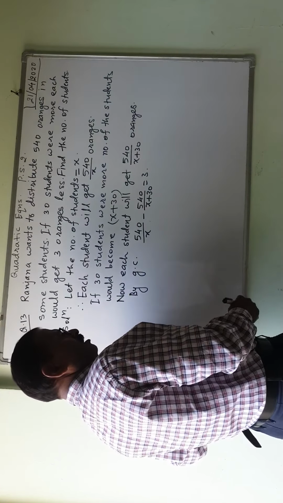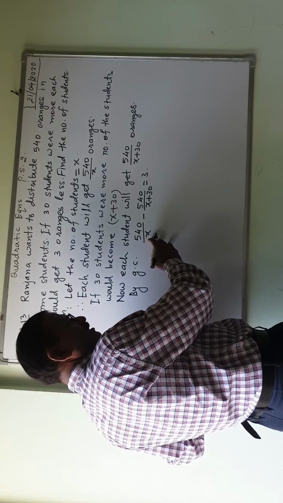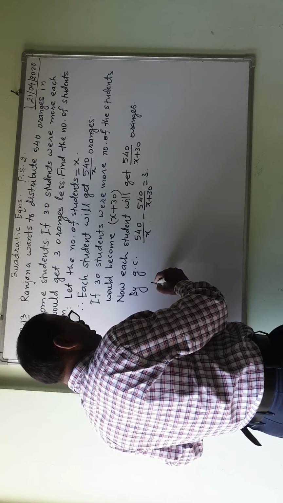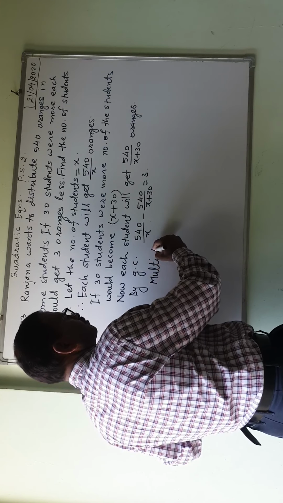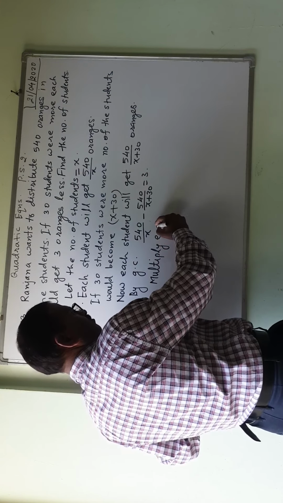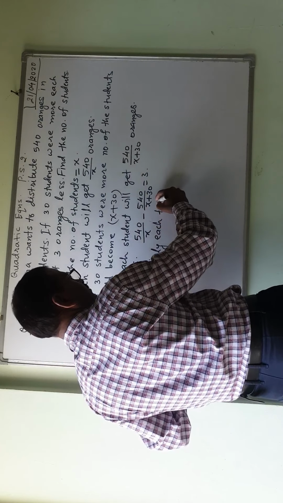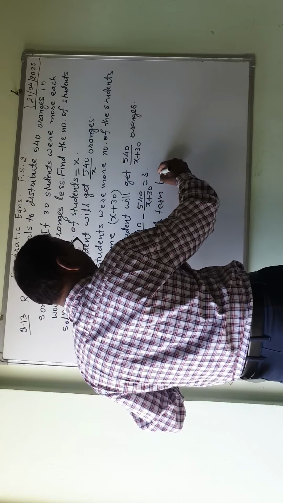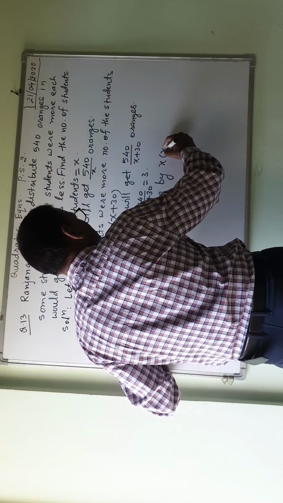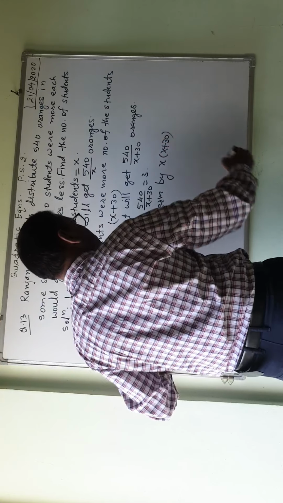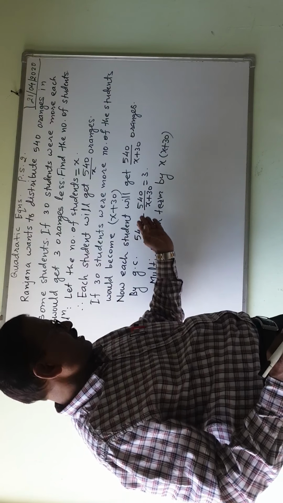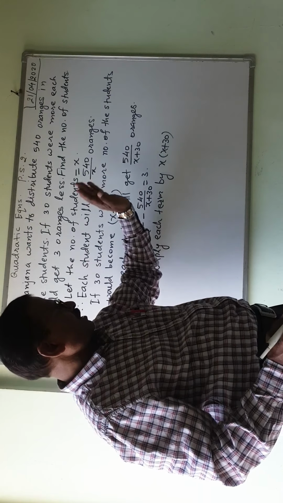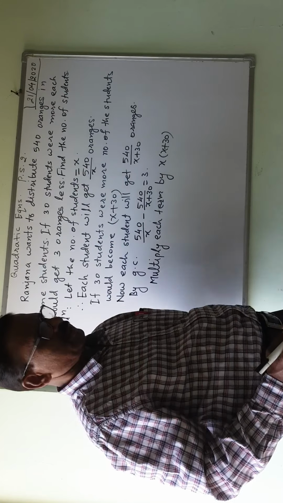Now how to solve? Multiply each term by x into x plus 30. I told you in earlier sessions that whenever there is a denominator, multiply each term by the LCM of the denominators.